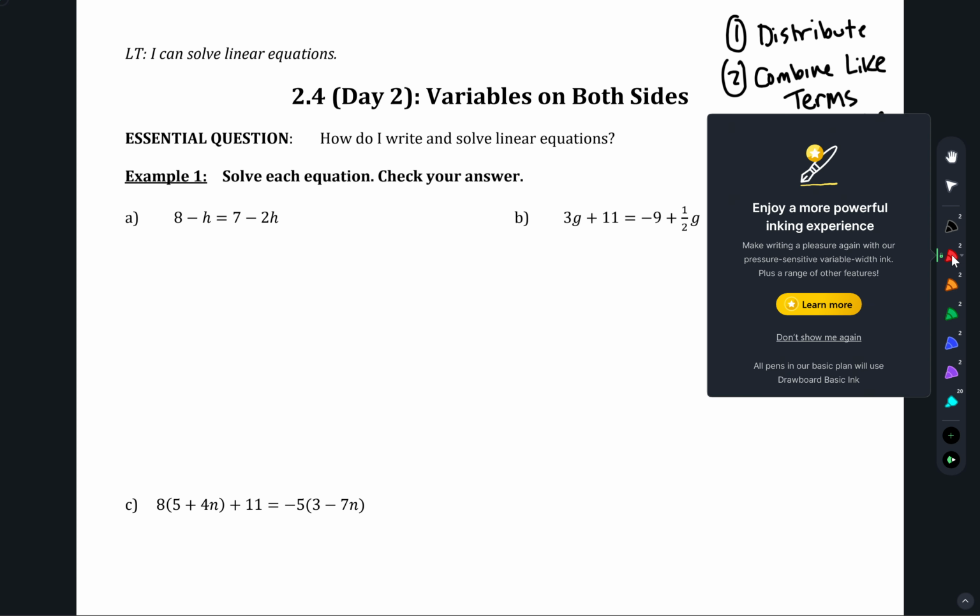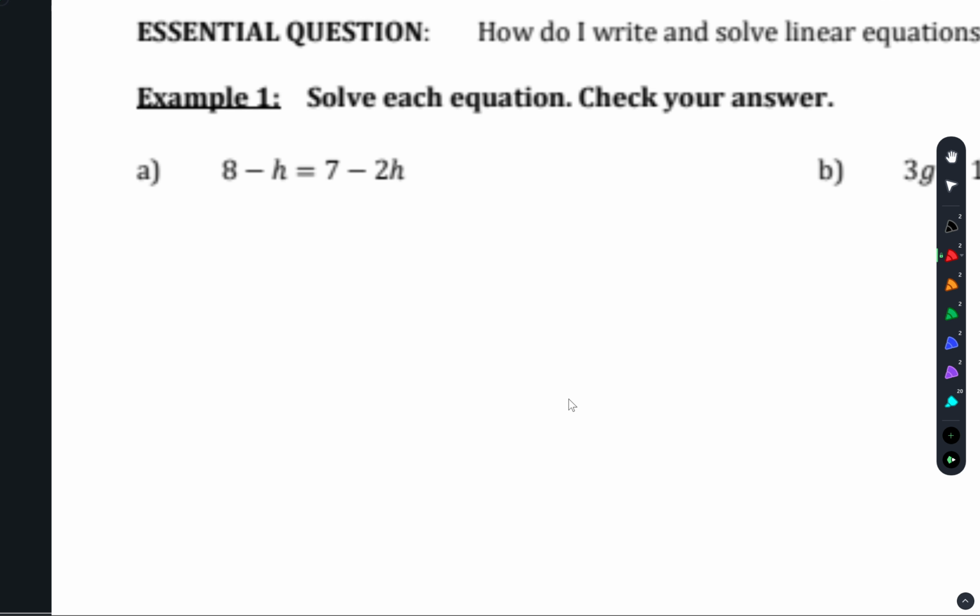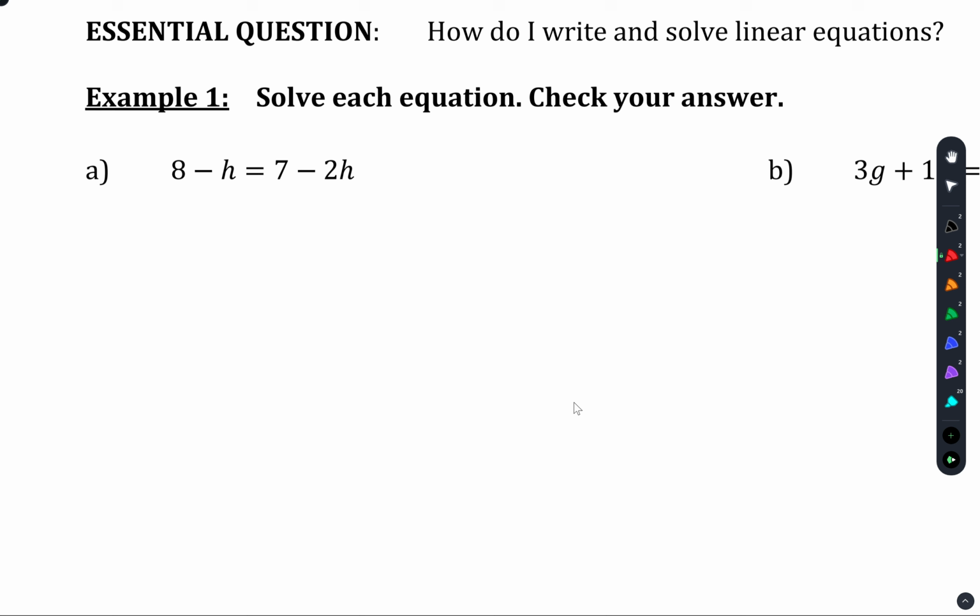So in letter A, I look for if there's anything I can distribute. I look for like terms that I can combine. I can't do either, so I'm going to start by moving my h's to the left side. Doesn't matter which side we pick, I pick the left side. I get 8 plus 1h, or just h, equals 7.